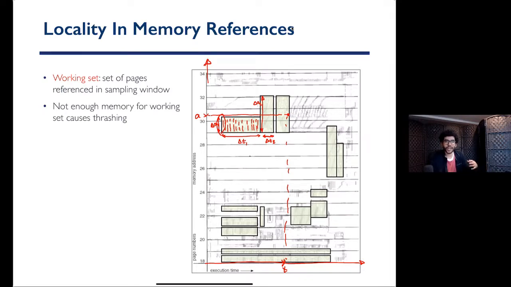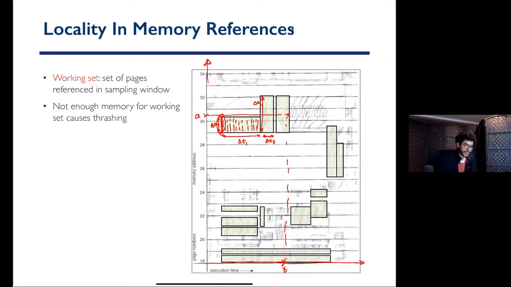The performance is going to go up because the addresses that it needs are in memory. It doesn't need to go and grab them from disk. So this basically tells me how much memory I need for my application to perform smoothly without needing to do demand paging.